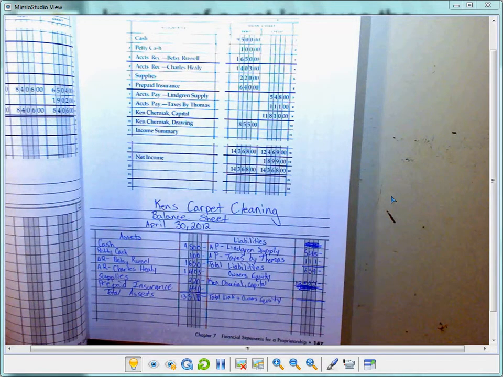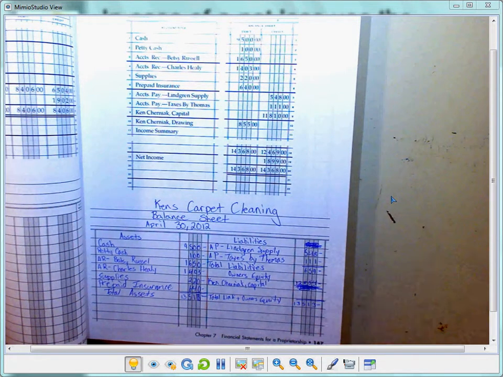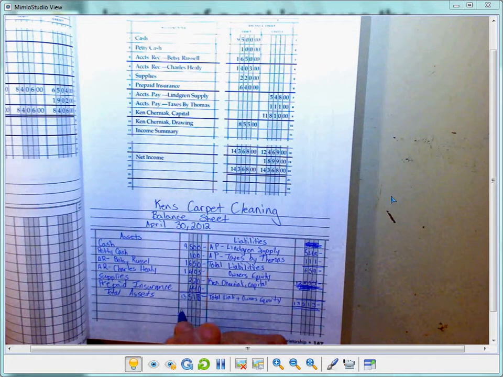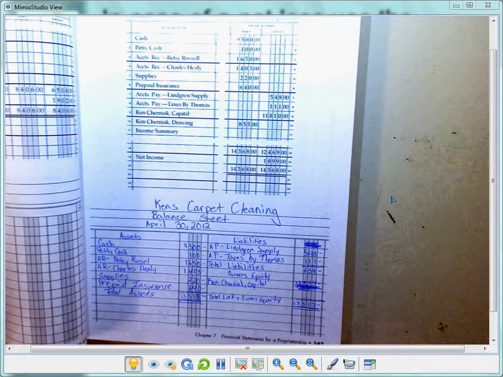So 659 plus 12,854, and we get $13,513. Does that match our assets? Yep, we're good. So now we can double rule underneath both of those amounts. If those do not match, you better go back and figure out why not.